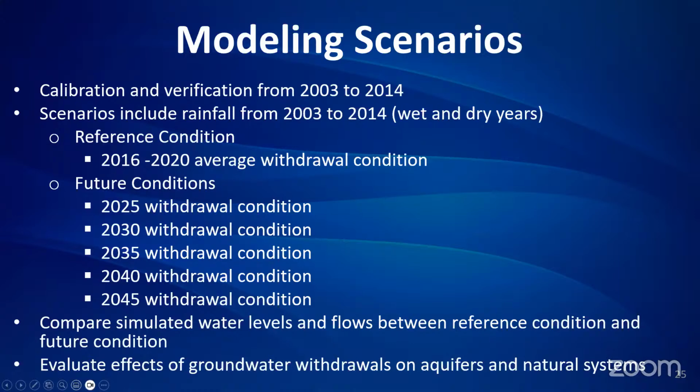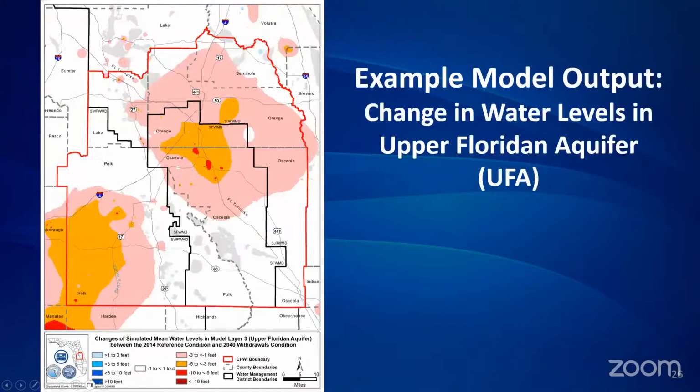By doing that, we can evaluate the effects of groundwater withdrawals on aquifers and natural systems. So we run the 2045 scenario and subtract out the reference condition, and that gives you the difference between those two. We do that for every one of those future conditions, and it creates a particular groundwater modeling output that we can evaluate.